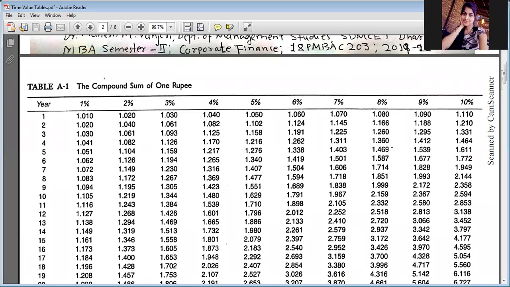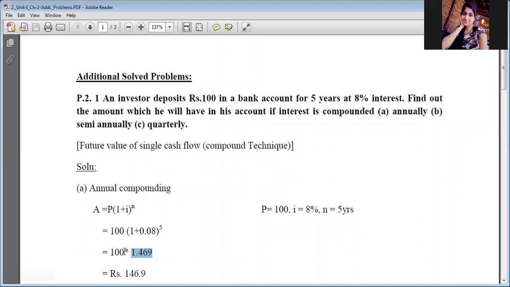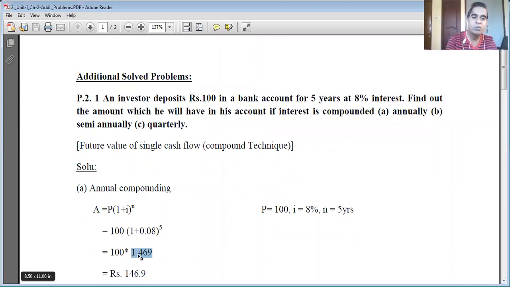1.469. Okay, so 1.469, correct? Can you see I have written here 1.469 in the problem? Yes, sir. So when I multiply 100 into 1.469, the answer I'll get is 146 rupee 90 paise.